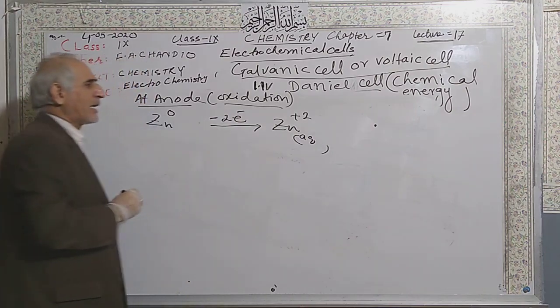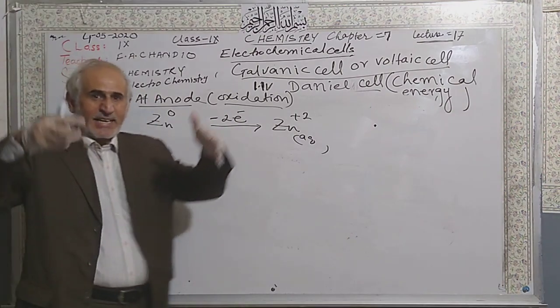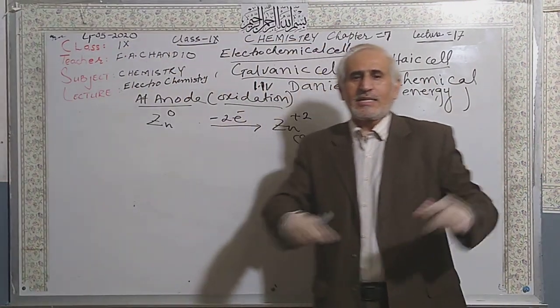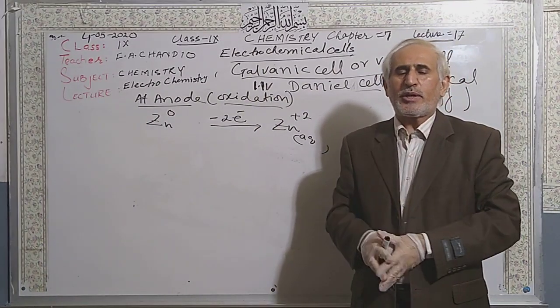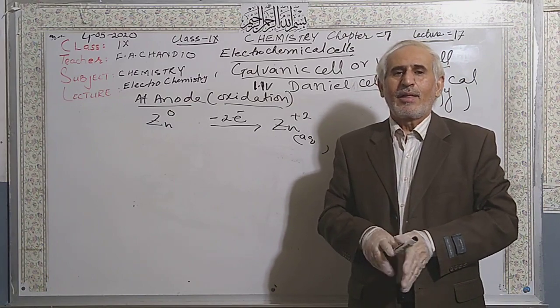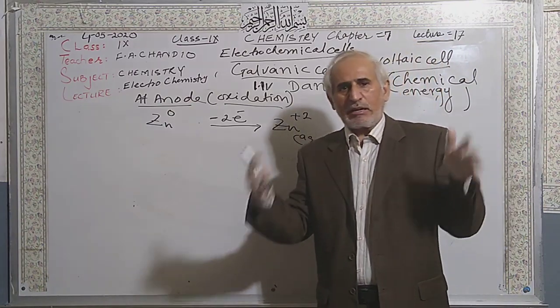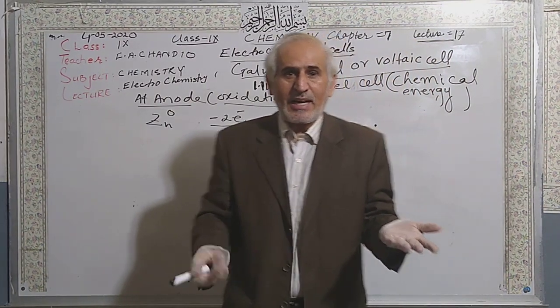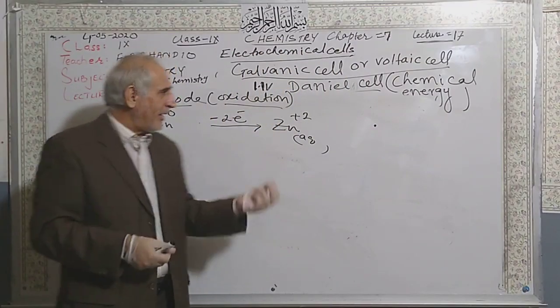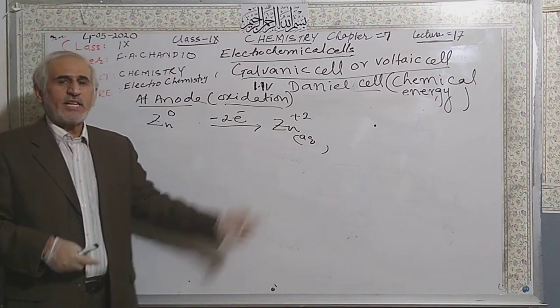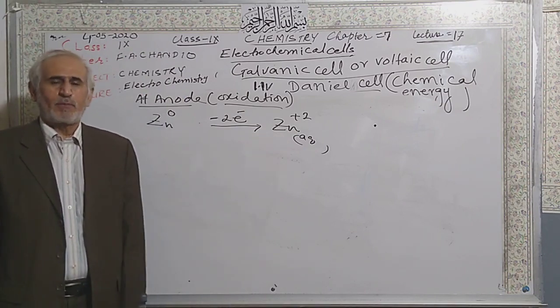Loss of 2 electrons. It means that in the solution, zinc metal slowly and gradually is going to be dissolved to make zinc ions. Slowly and gradually during the working of the cell, zinc is going to be dissolved with formation of zinc ions, oxidation taking place.